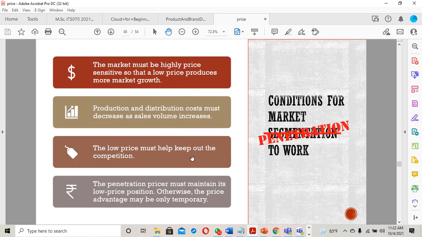The low price must help keep out the competition. If everybody starts selling at this price, again, it's not going to work. By selling at this lower price, you should be able to drive away the competitors, because the people who were selling a surfboard at $1,000 are not going to suddenly drop that price to $100 just because you decrease the price.